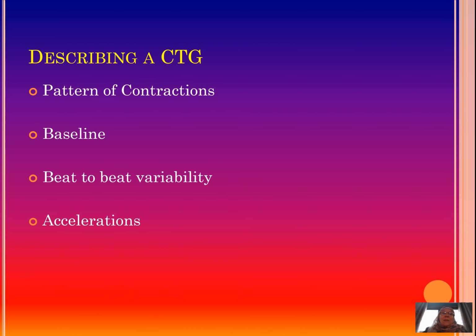You have to see if there are accelerations present on the CTG, and finally also if there are decelerations present on the CTG. We're going to talk about all of these features that you can find on the CTG in this and also the next lecture that I will be recording for you.